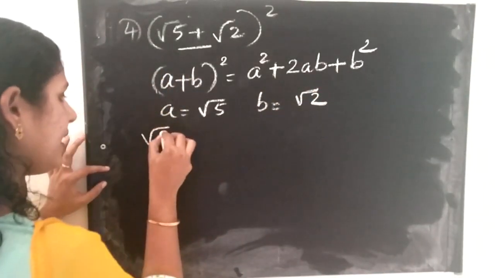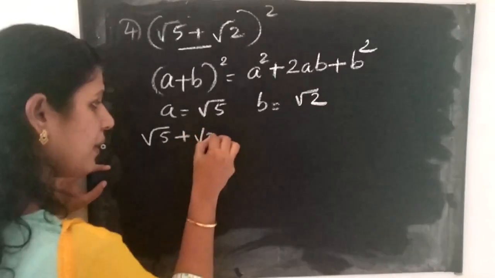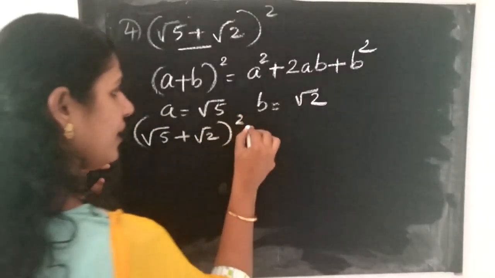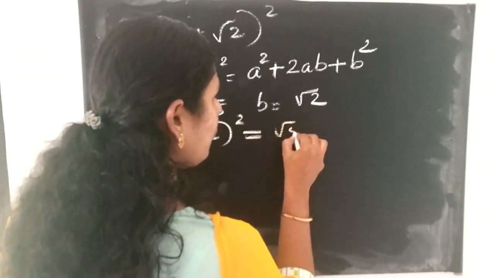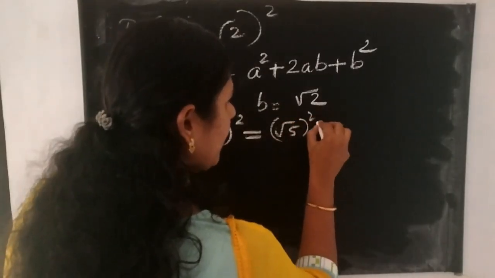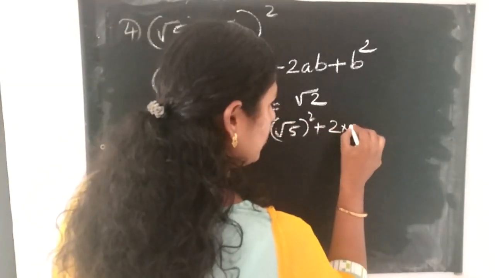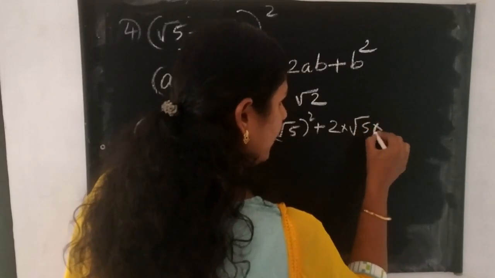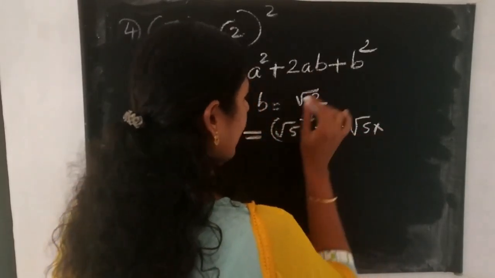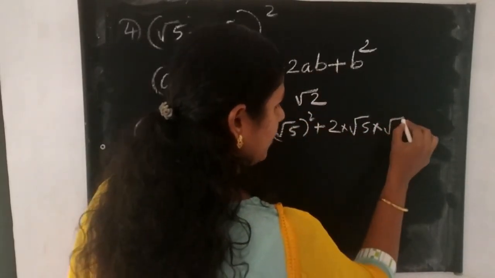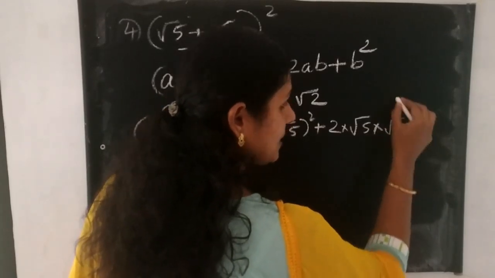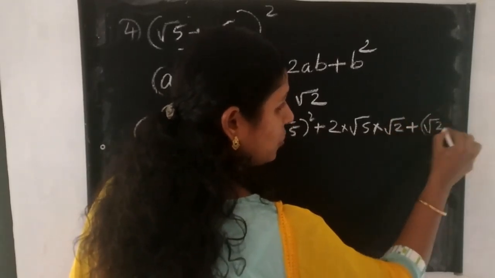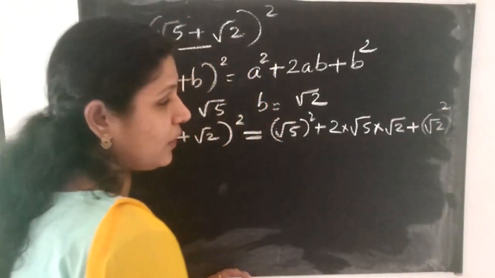So again we write the question as root 5 plus root 2 whole square equals root 5 square plus 2 into root 5 into root 2, that is 2ab, plus b square, that means root 2 square. Okay.